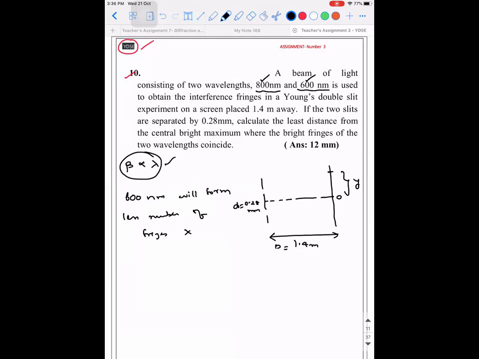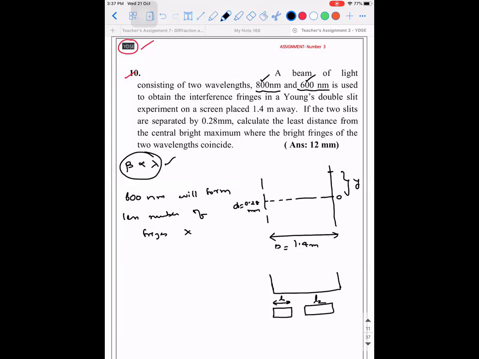Because if you want more fringes to be present, see, I'm giving you a location, okay? Let's say I'm giving you a box. In this box, I'm giving you a piece of cardboard of length L1, and another piece of cardboard of length L2.